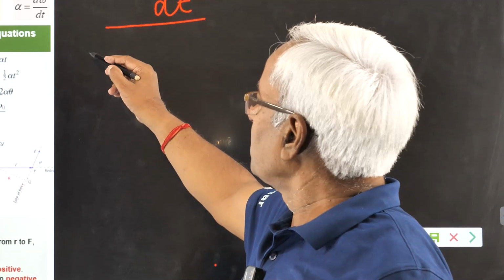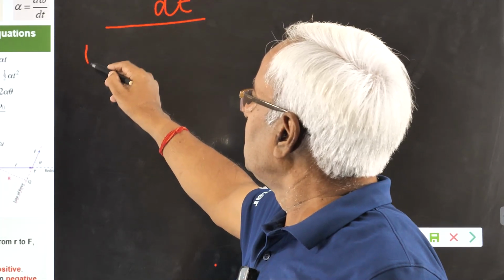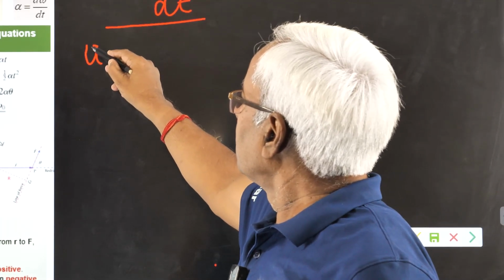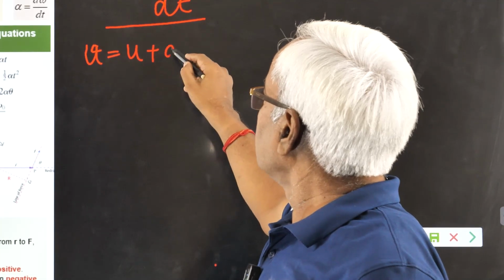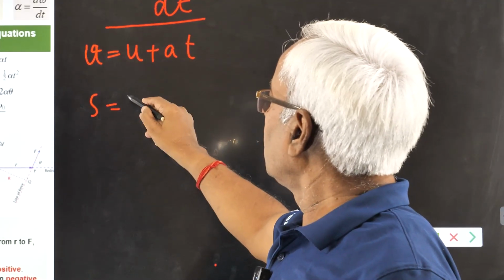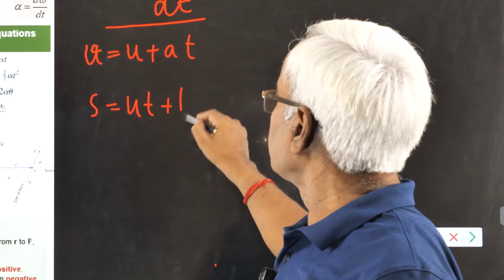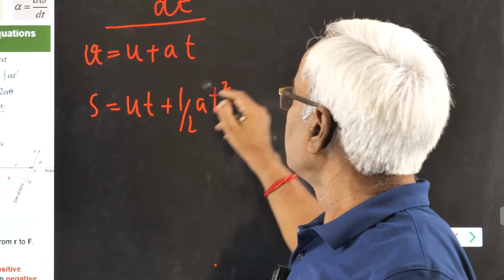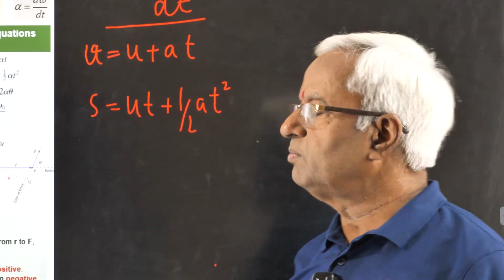You see, we have equations for linear motion. These are three in number: v equal to u plus at, and so on, s equal to ut plus half at square. Likewise, here also we have the equations for angular motion.